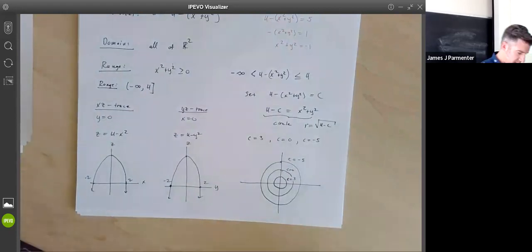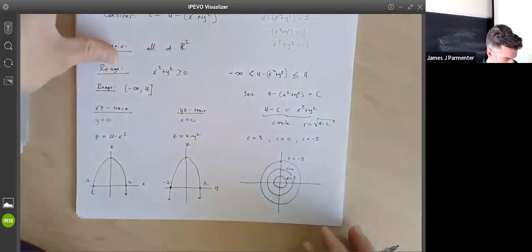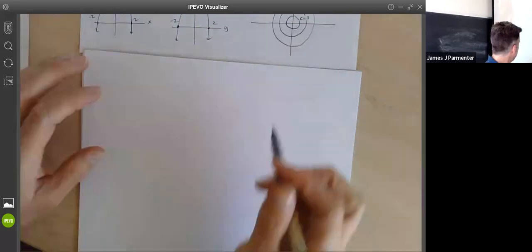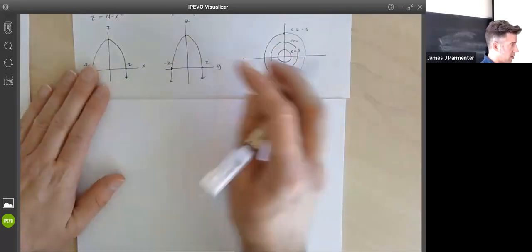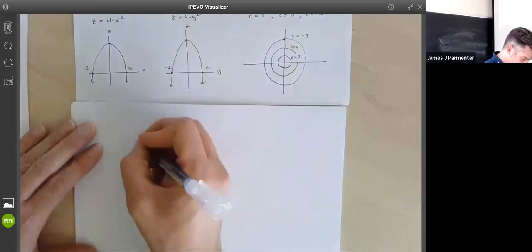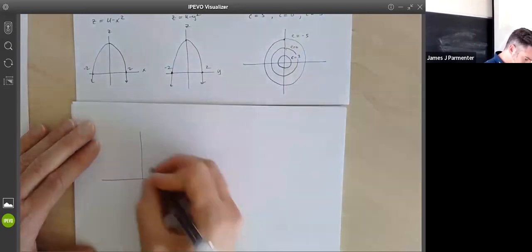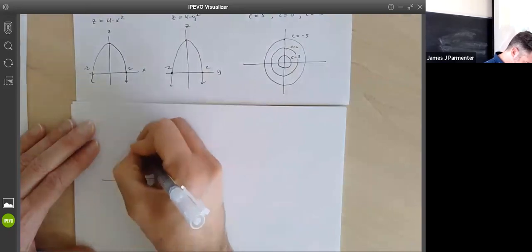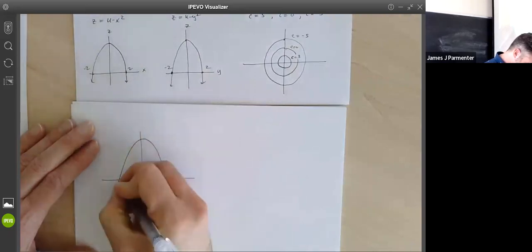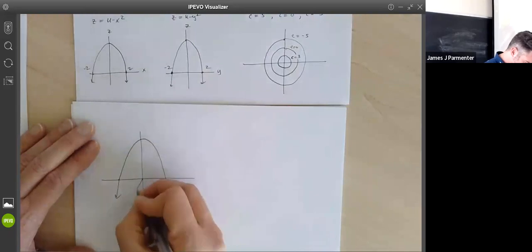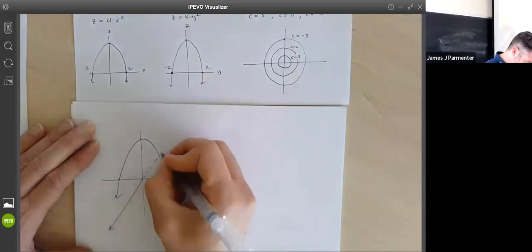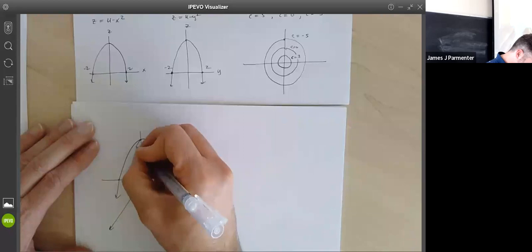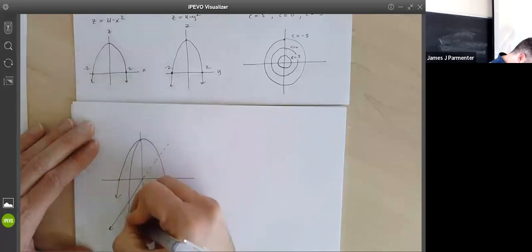And then finally, sketch it. We've sketched something like this before, but I can sketch it again. But basically, the idea is that these are supposed to give you a good idea of what it looks like, right? We know that our trace in the YZ plane looks like this. And then our trace in the XZ plane looks like that.